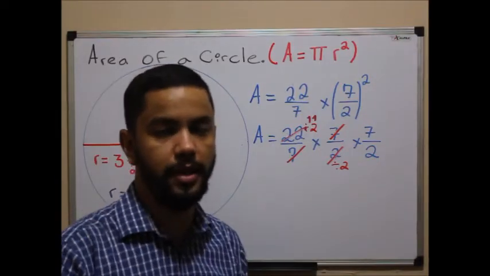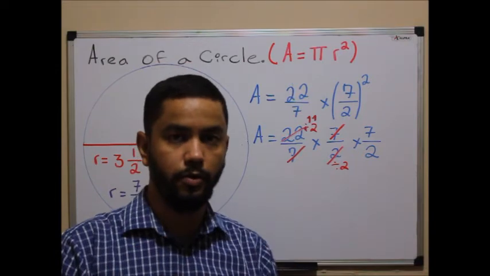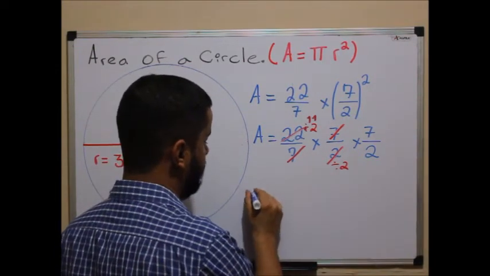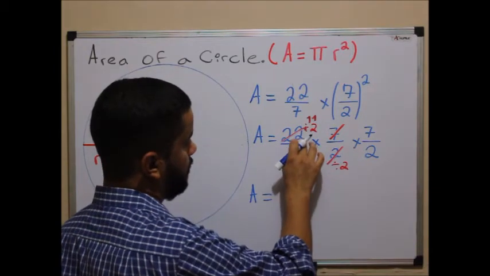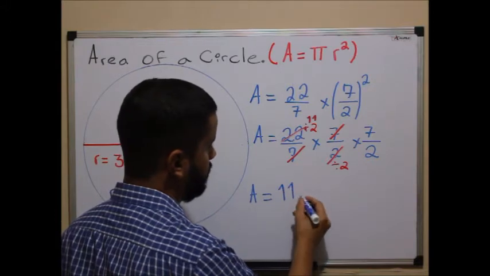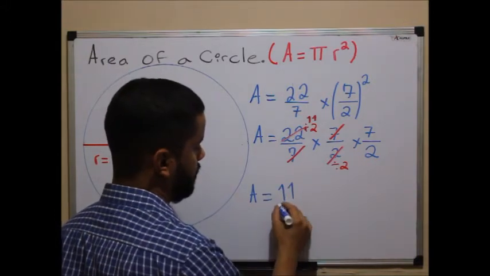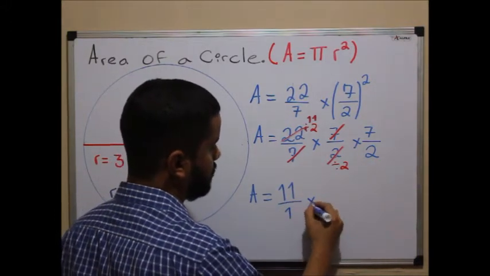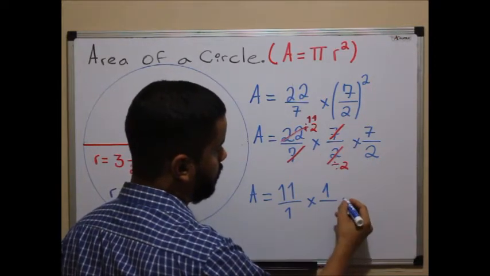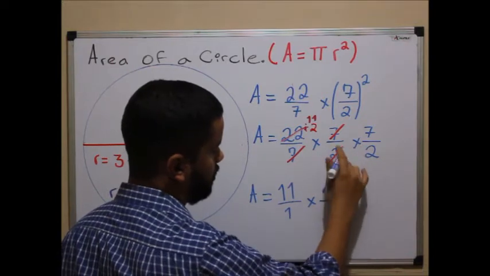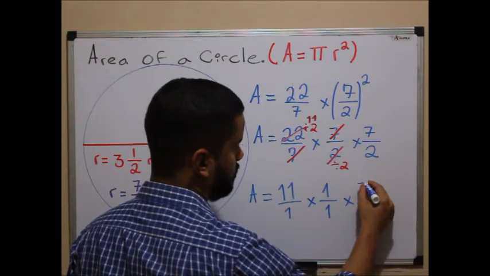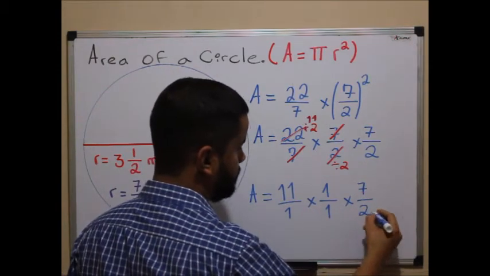So what will be our new numerical expression? Area equal, here we are not having 22, we're having 11, so we're going to write here 11. Here we're not having 7, we're having just 1 times. Here we're not having 7, we're having 1 over, we're having nothing here, so we're going to write a 1 times that fraction 7 over 2.